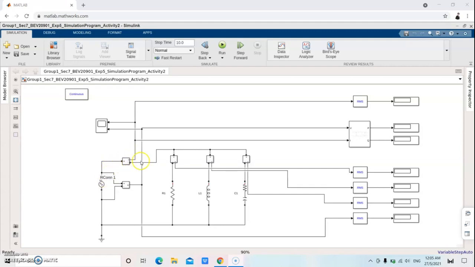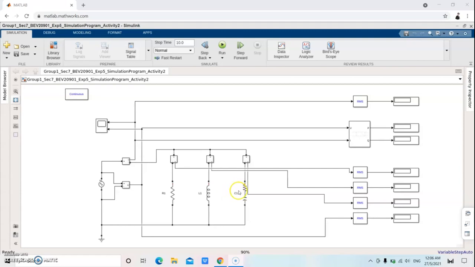And after that, we connect to a voltmeter, and then we connect to a resistor which is 100 ohm, and we parallel the resistor with an inductor which is 50 millihenry, and we also parallel it again to a capacitor which is 28 microfarad.